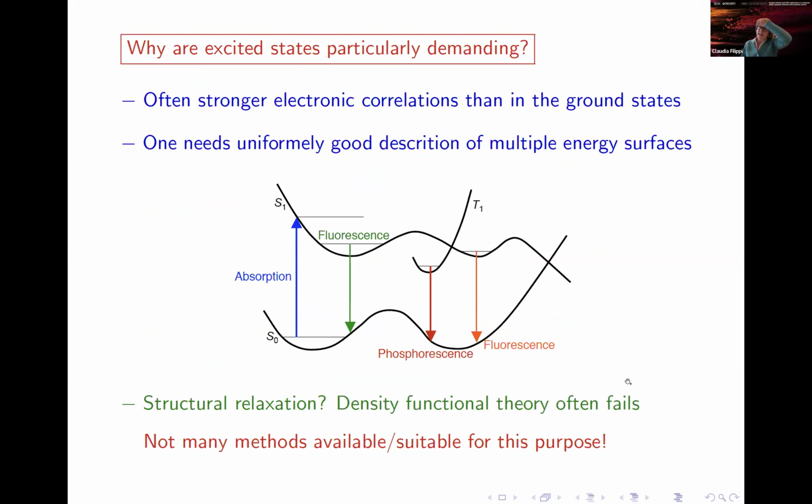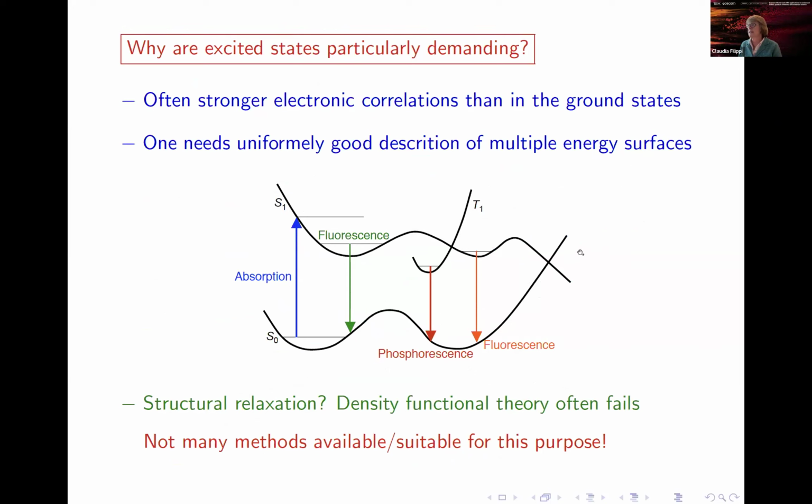Excited states are demanding. Of course, you can think of them as open shell systems, so you have stronger electronic correlation than many ground state problems. You might have many phenomena, and need to describe going between different potential energy surfaces.